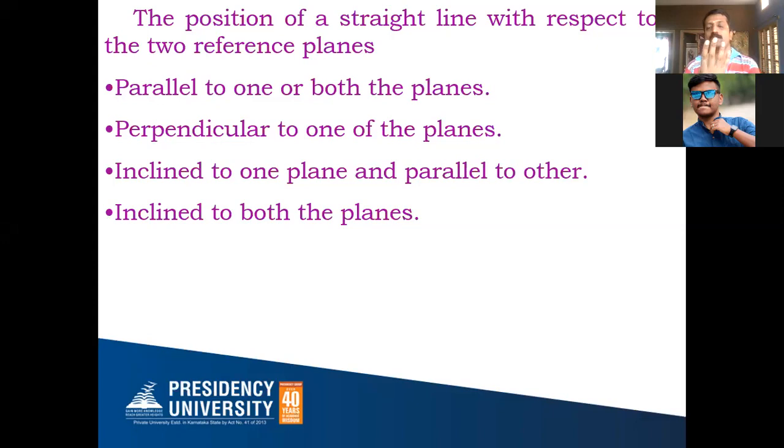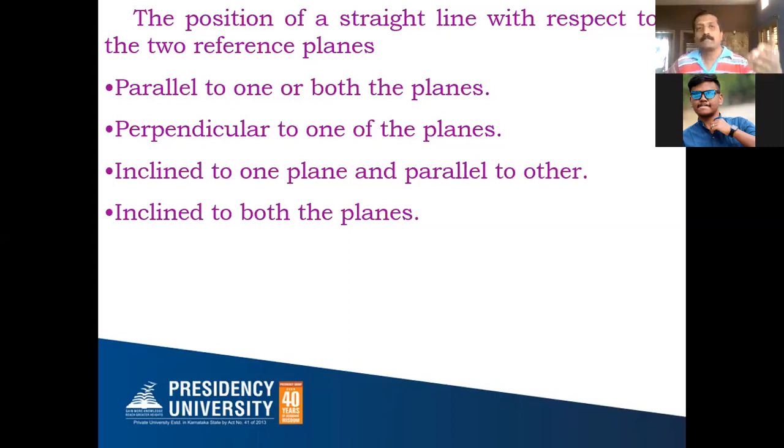Apparent inclination, formed by the apparent length of the line, with respect to HP is called alpha, and with respect to VP is called beta. So this is the extra information that we need in the projection of straight lines. The rest of the procedure, the orthographic projection procedure, remains the same.